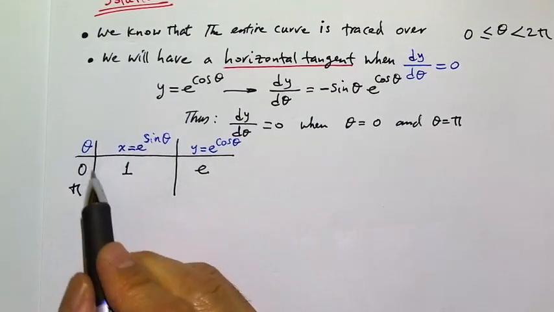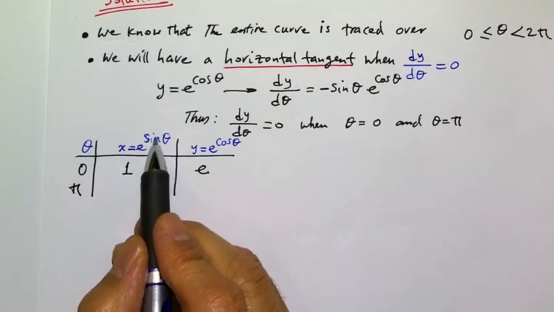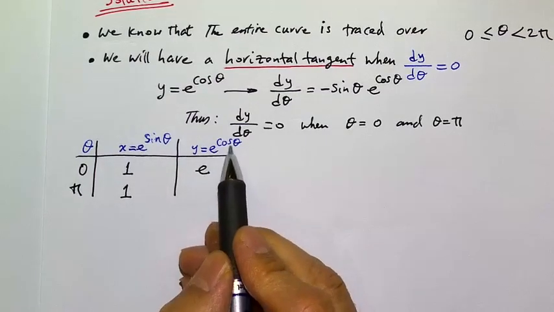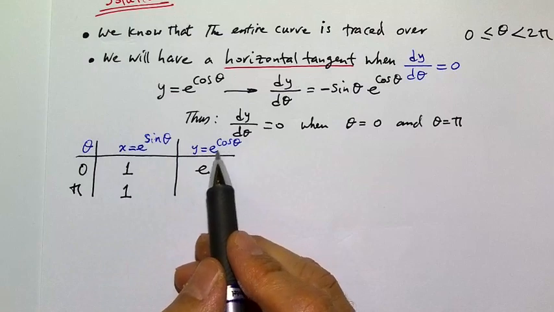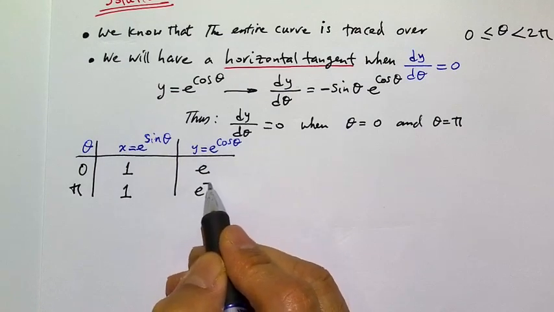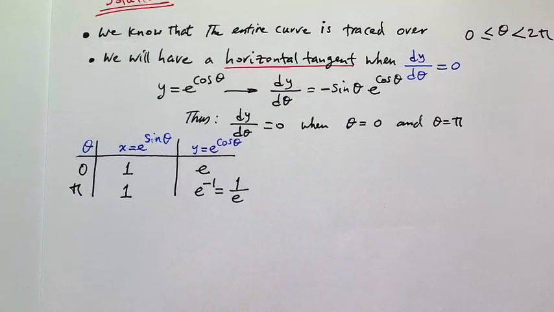For theta equals pi, sine of pi is 0, e to the 0 power is again 1, and e to the cosine of pi is e to the minus 1, so this y would be 1 over e.